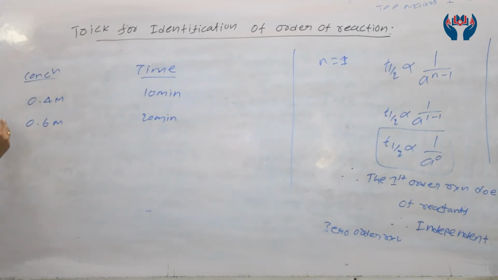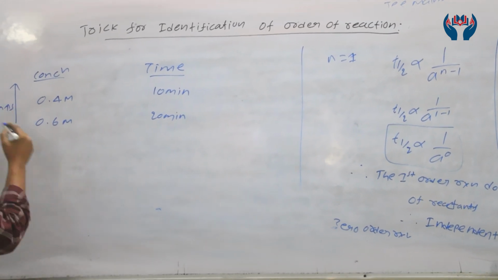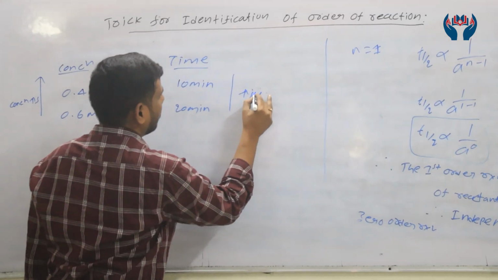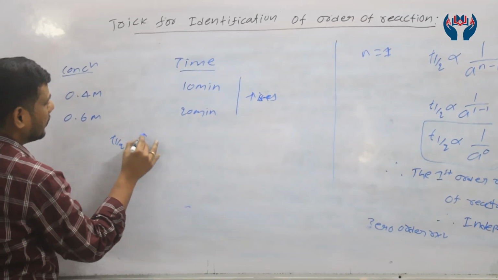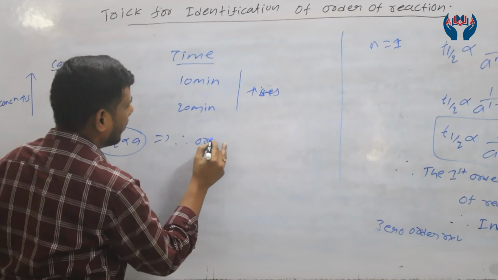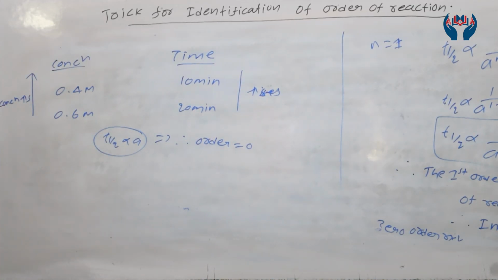The concentration increases, then time also increases. That means the half-life is directly proportional to a, which is zero order reaction. Therefore, the order equals 0.